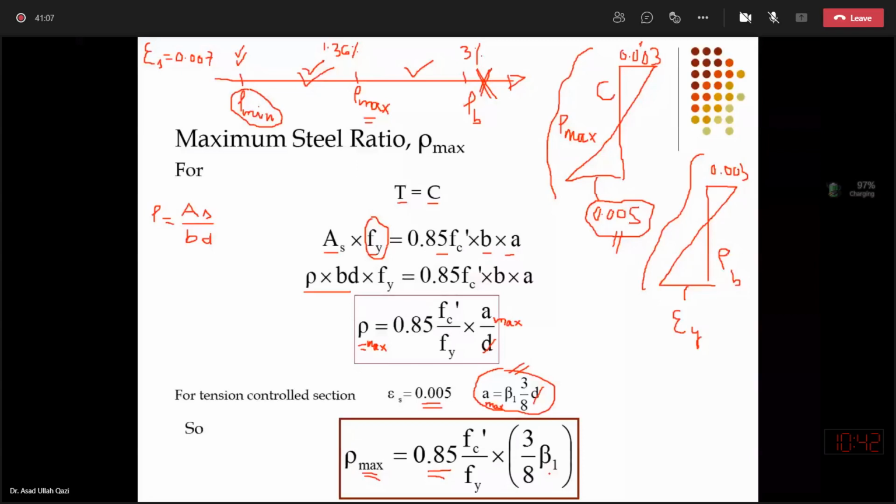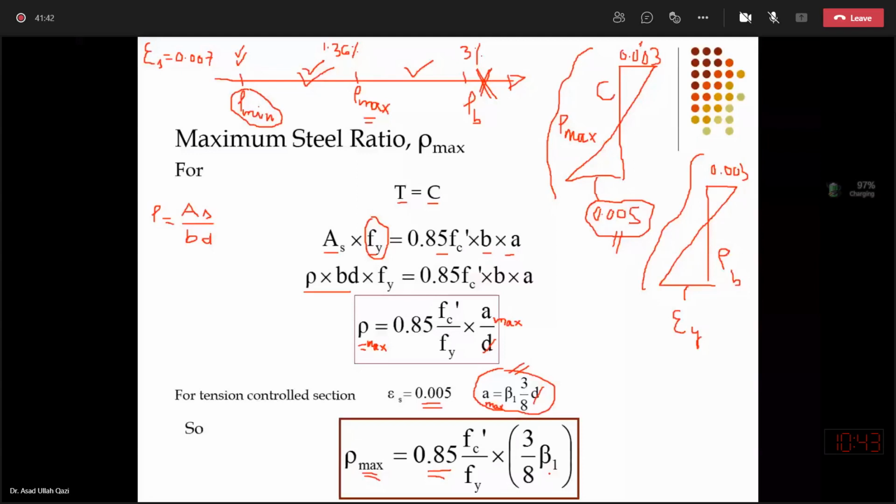I suggest you memorize these useful expressions, rho balanced as well as rho max. You are going to use them quite frequently. So please keep them in mind rather than always consulting the design aids, and also keep in mind the simple derivations, how we derived them.